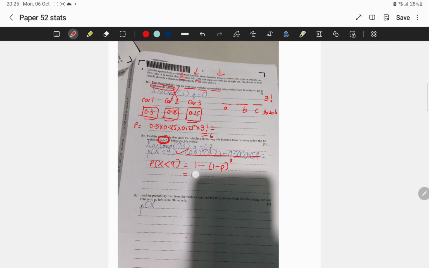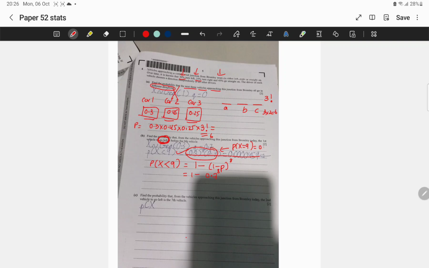So you're going to get 1 minus 0.7 power 8. You don't multiply these two. What you're doing here is not probability x less than or equal to; this calculation is for probability x is equal to 9.